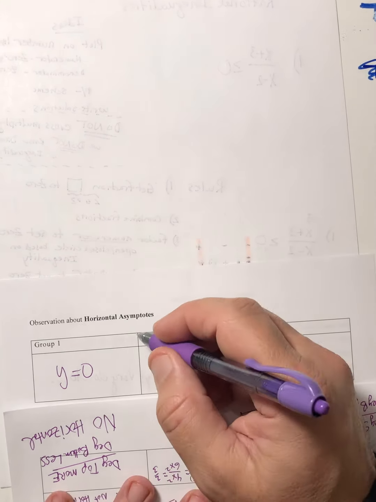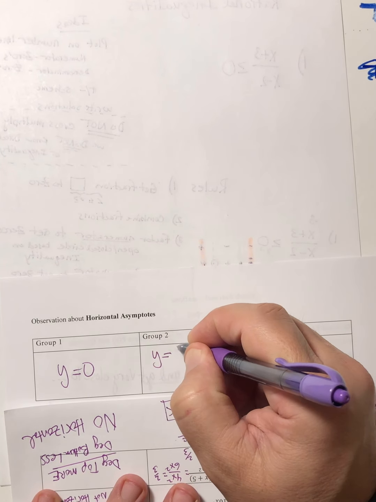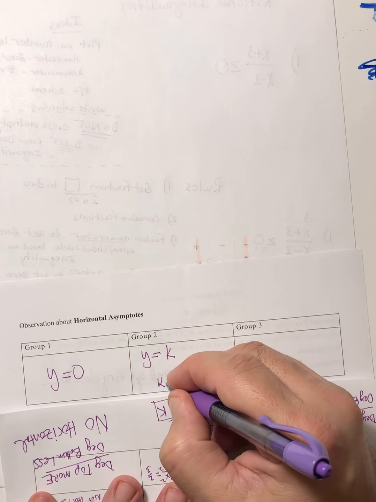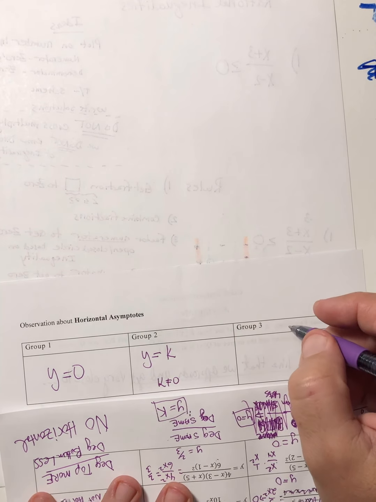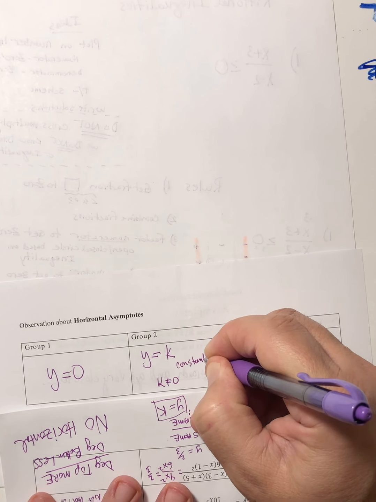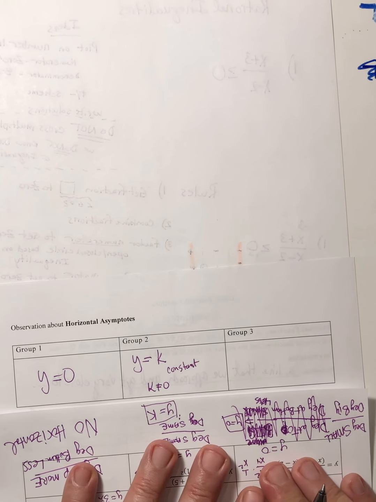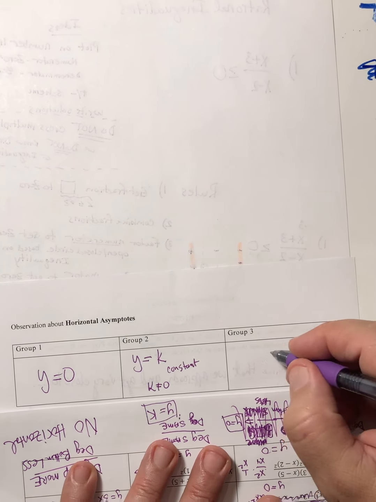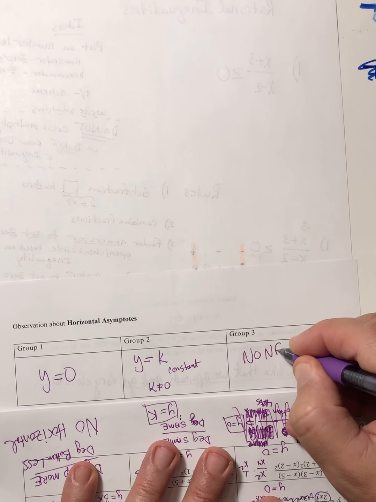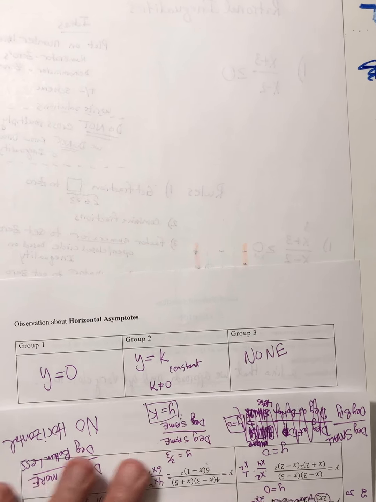Group 2 had a horizontal asymptote of y equals some constant k, and that k was not 0. K stands for constant. And then in group 3, there was no horizontal asymptote.